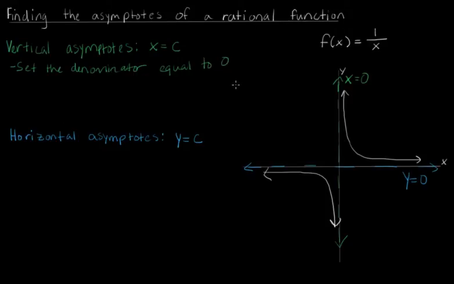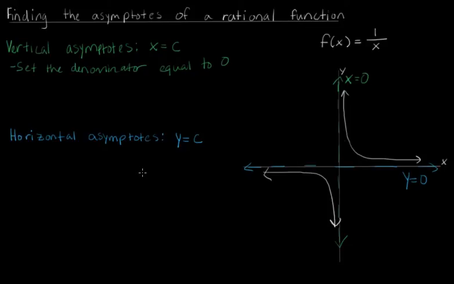Setting the denominator equal to 0 is how we figure out what the vertical asymptotes are. The vertical asymptotes are all those places that are not in the domain because they make the denominator equal to 0. And you've been finding those for a long time, right? Every time we find the domain of a rational function, we take out all those points that make the denominator equal to 0. Those are the vertical asymptotes. So you've been finding them for a long time. It's just a different use for finding those points.